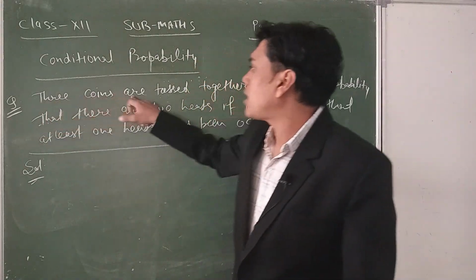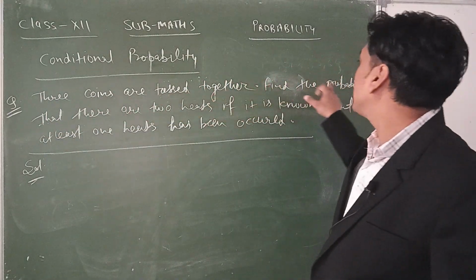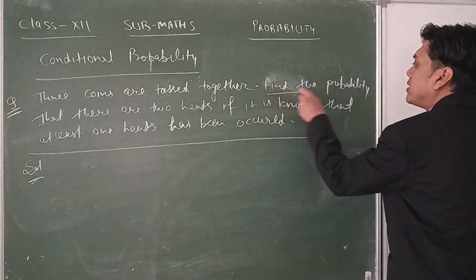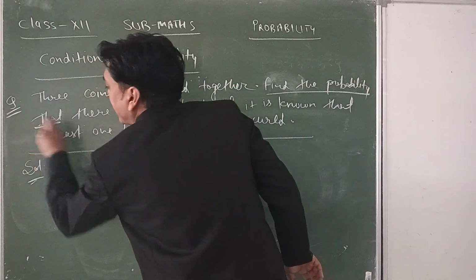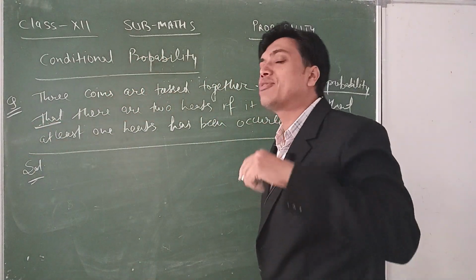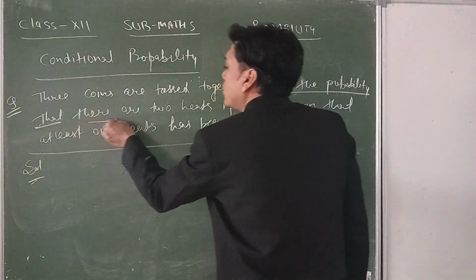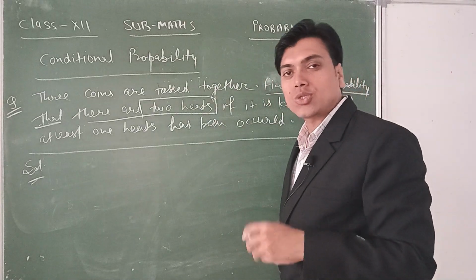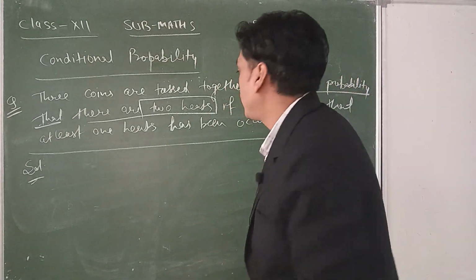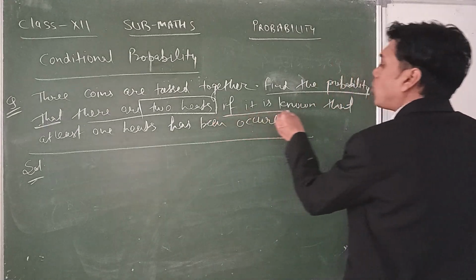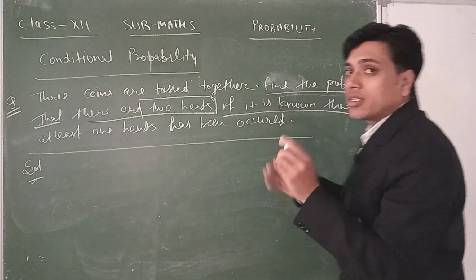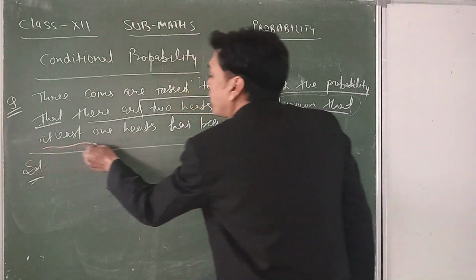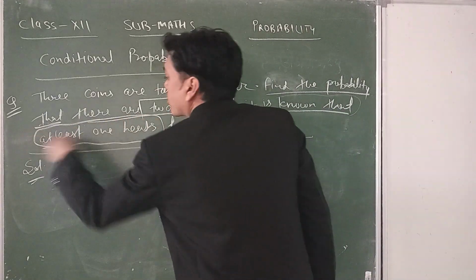So three coins are tossed simultaneously, find the probability that there are two heads. We have to find out the probability that there are two heads. So this is the first event we got out from this question. And it is known that this event has already occurred: at least one head.